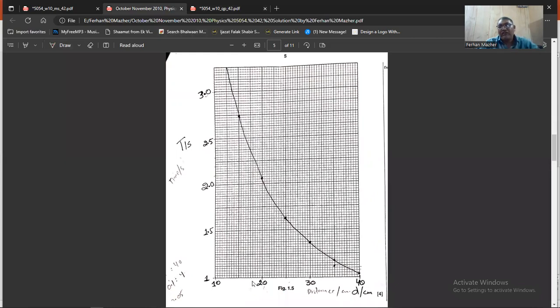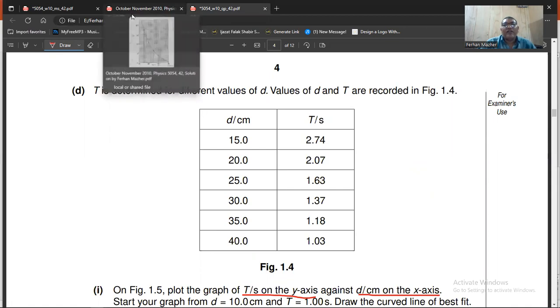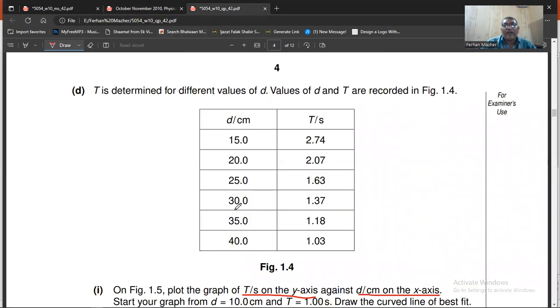You can round it off a little bit yourself. At 25, it is 1.63.